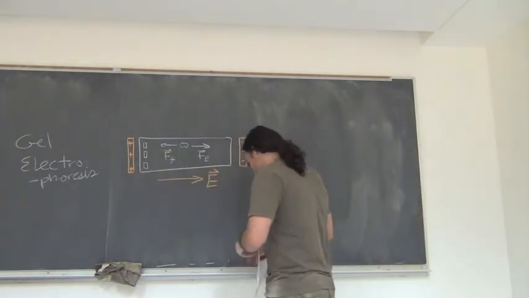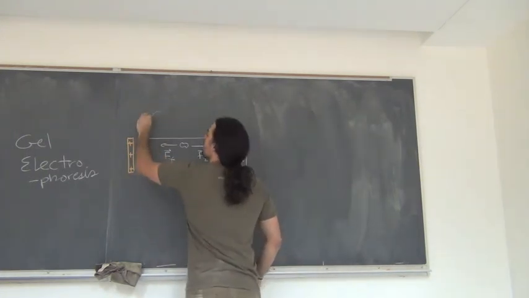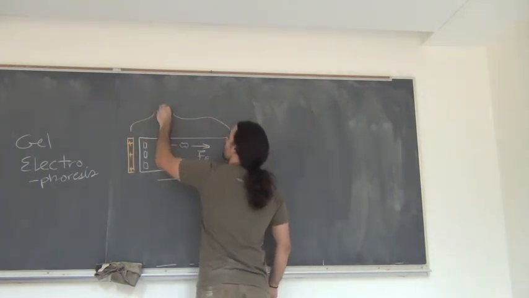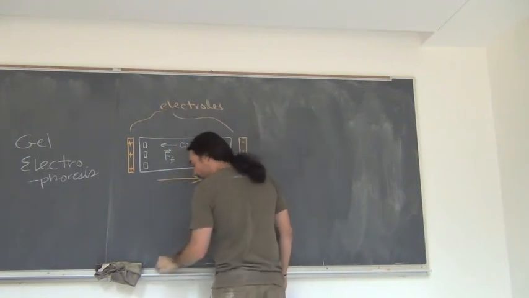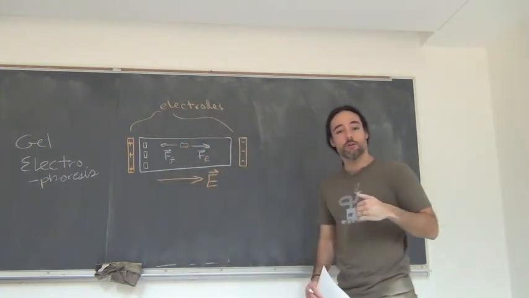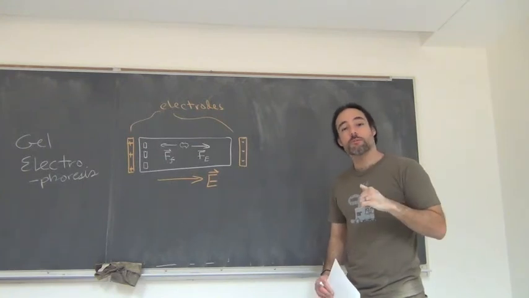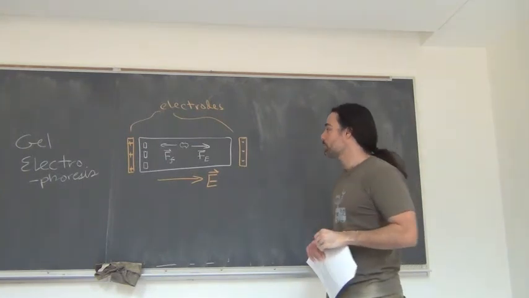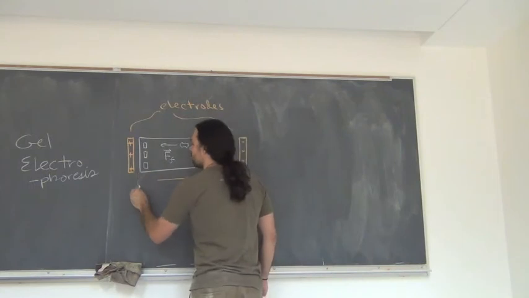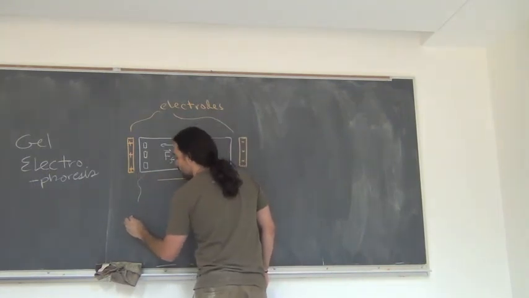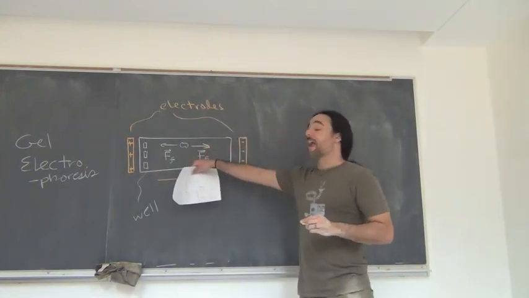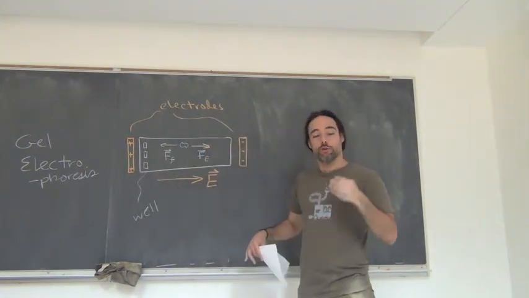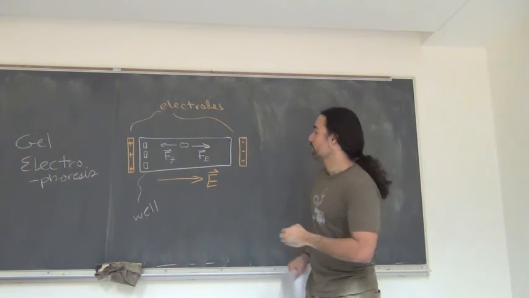You have two electrodes, which you set up. One will be positive, one will be negative, the orientation of which will depend on whether you have a positively charged molecule or a negatively charged molecule. You deposit your chemical in some wells, and then you turn on your electric field.